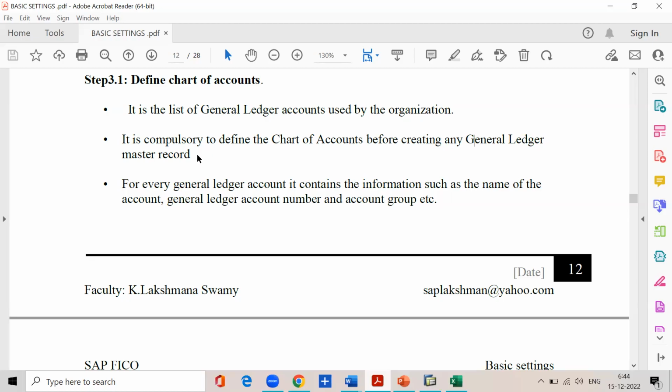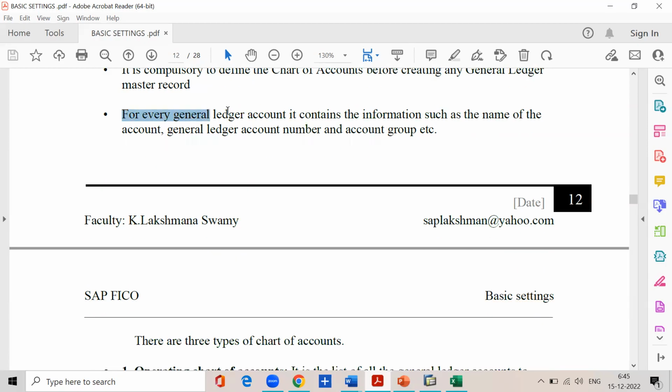So in the general ledger accounting, we create all the ledger accounts. Before creating them, we have to define the chart of accounts, and that chart of accounts has to be assigned to the company code. It is compulsory, otherwise we cannot create the GL account master records later on. Then every general ledger account contains information such as name of the account, general ledger account number, account group, etc. In SAP, every ledger account is identified with a number.